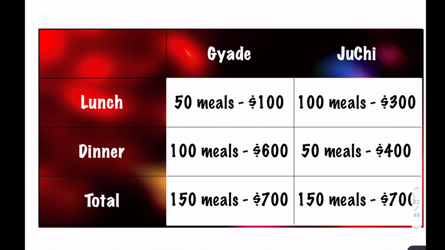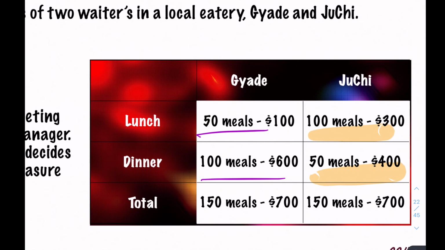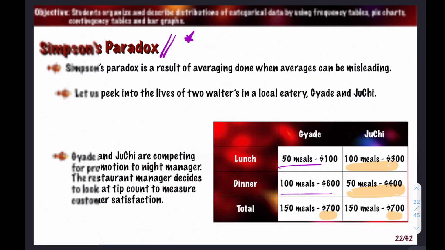And we see that Gayad served 50 meals and made $100 in tips at lunch and 100 meals with $600 in tips for dinner, versus Juchi sold 100 meals with $300 in tips at lunch and 50 meals with $400 in tips for dinner. Both come out to sell 150 meals with the same tip.